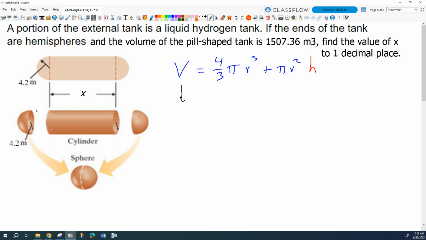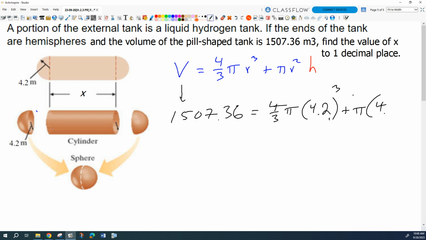If we plug all that stuff in, we get 1507.36 equals 4/3 pi times my radius, which is 4.2 cubed, plus pi times 4.2 squared times x, right?